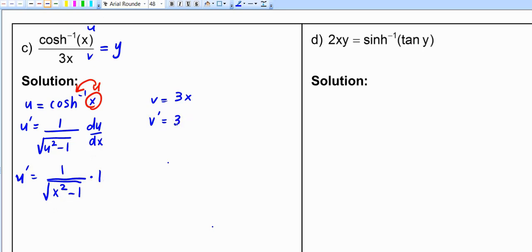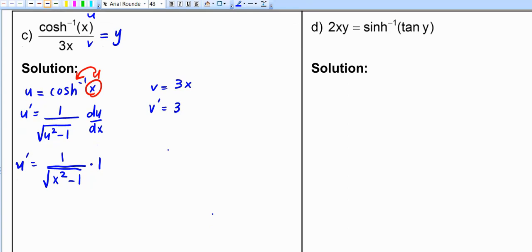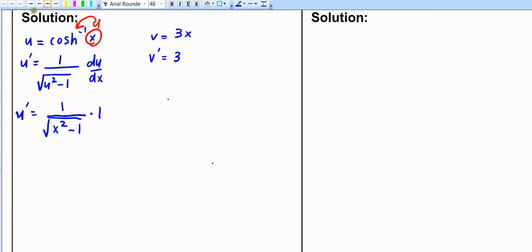Now substitute into the quotient rule formula. What is the formula? The derivative of u over v equals, we always start with v u prime minus u v prime, over v squared.